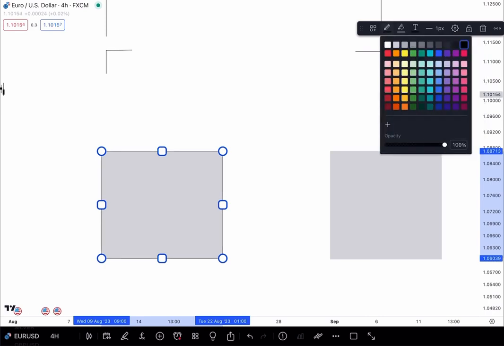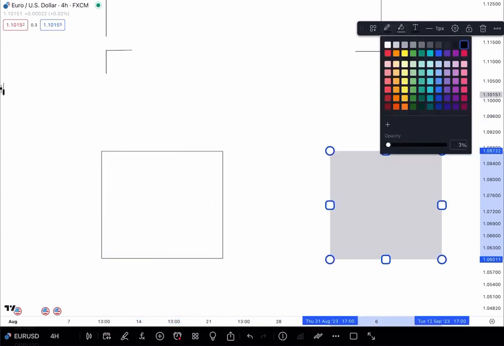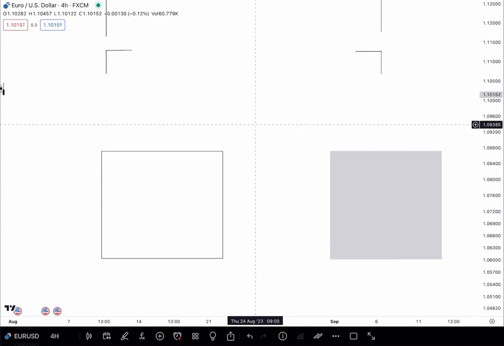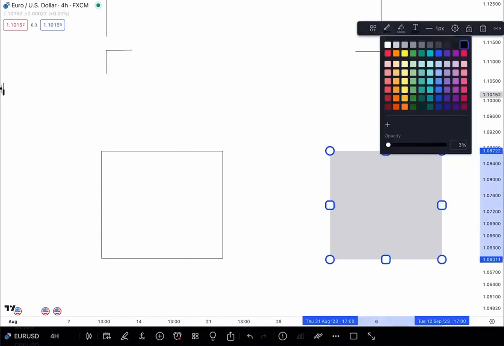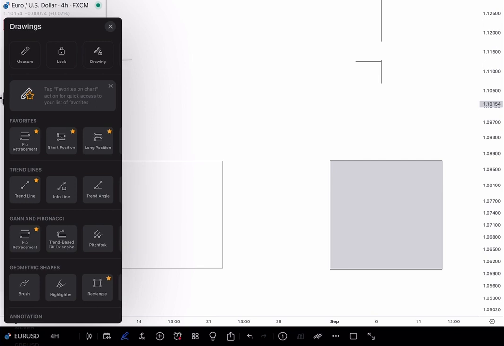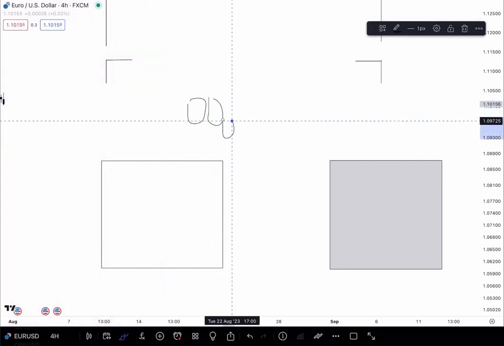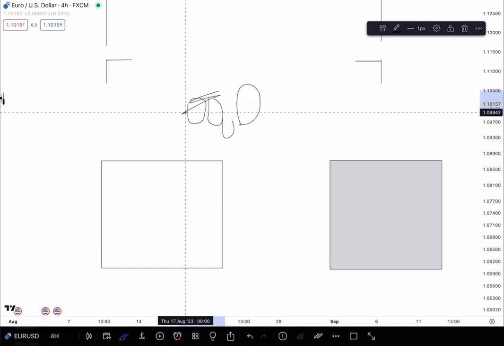I personally like to believe that they consist of three parts. So I like to see accumulation in one candle, manipulation in the second candle, and distribution in the third candle to the first candle. All right? If it takes a bit longer than three candles, so accumulation in one, then manipulation in two, or accumulation in two, manipulation, distribution, so be it. As we know, accumulation is the longest phase.